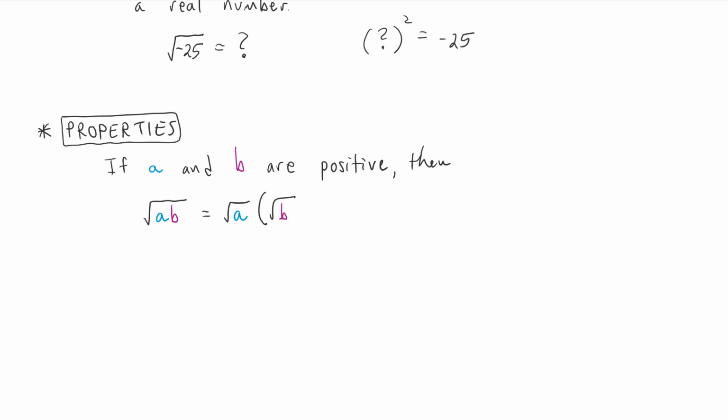You can write it as the principal square root of A times the principal square root of B. You can separate it into two principal square roots. And it turns out you can do the same thing if you have a fraction to begin with.